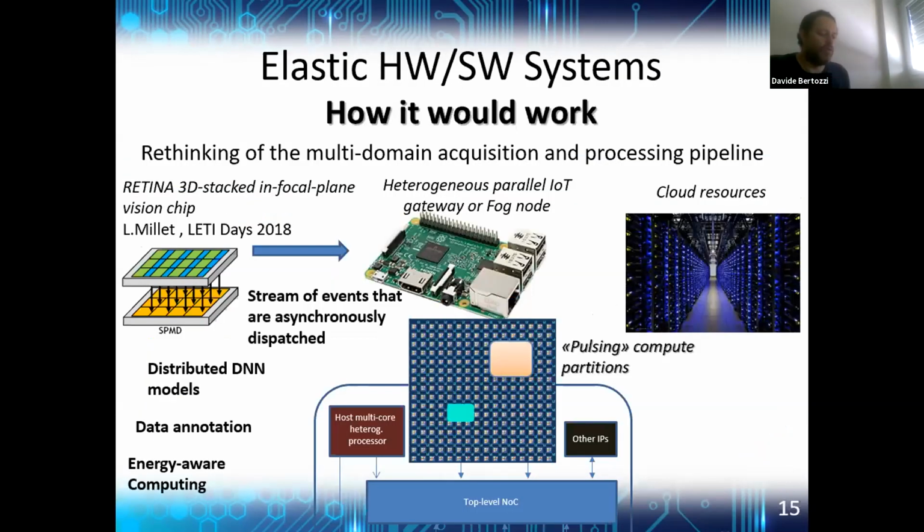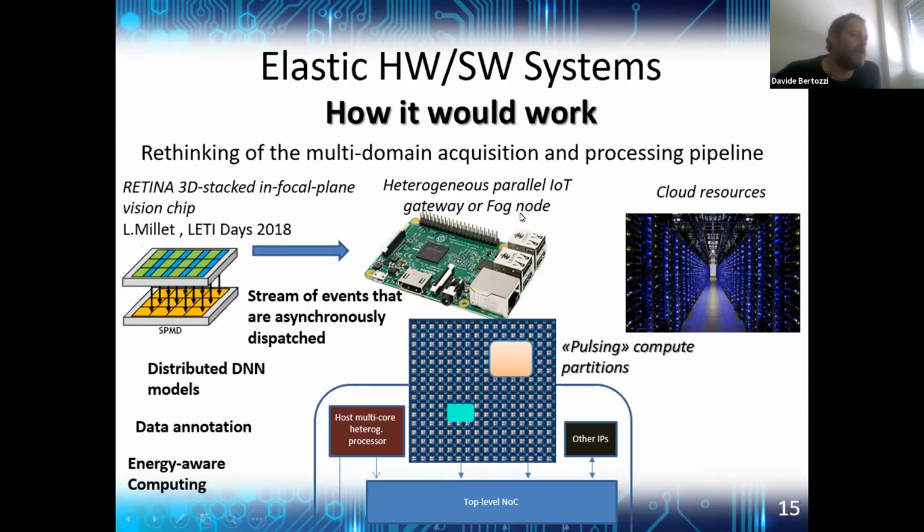Well, how would an elastic hardware-software system work? Let's consider this re-elaborated acquisition and processing pipeline. You have here a 3D-stacked in-focal-plane vision chip from Leti, or you can have any other form of smart sensor, and it has some local computation capability.